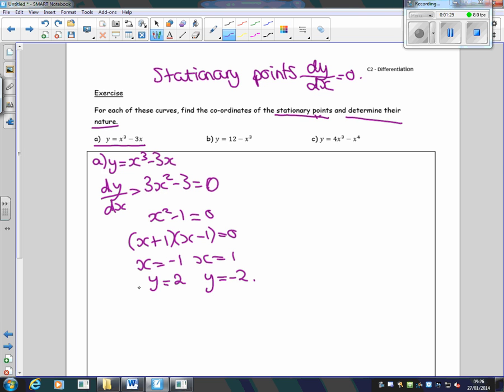We'll test the left-hand side of x equals minus 1, which would be x equals minus 1.1. Substituting that into this equation here, we get 3 lots of minus 1.1 squared minus 3, which gives us a gradient of 0.63.